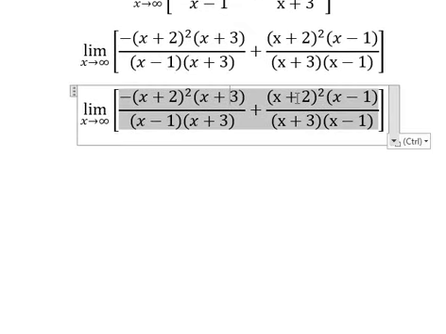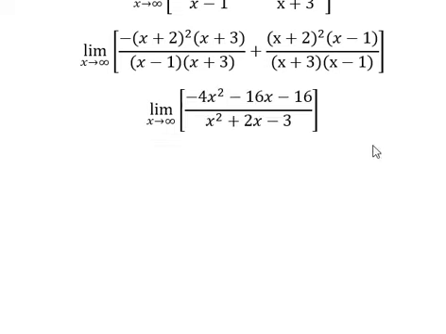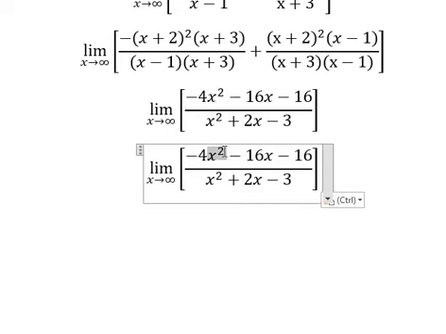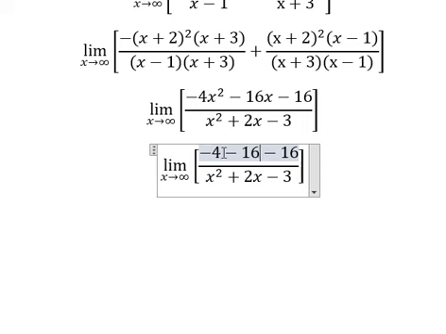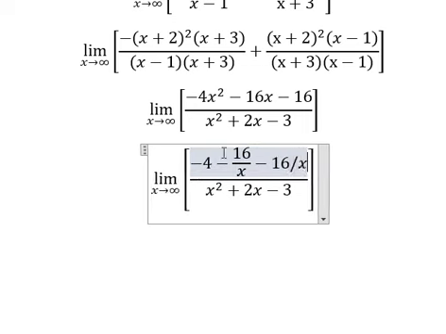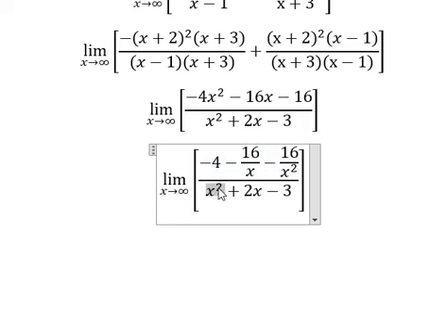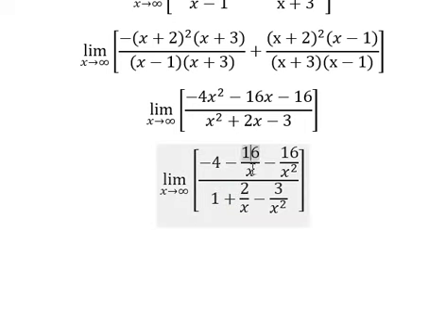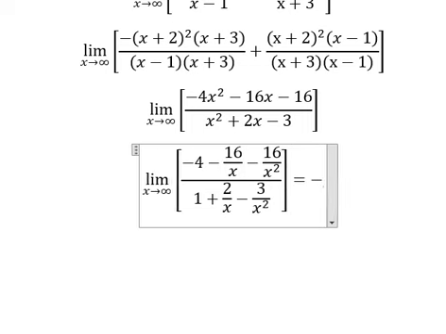You got like this. Next, we divide by s squared on numerator and denominator. So this one you got number 0, 0, and 0. So we have negative number 4.